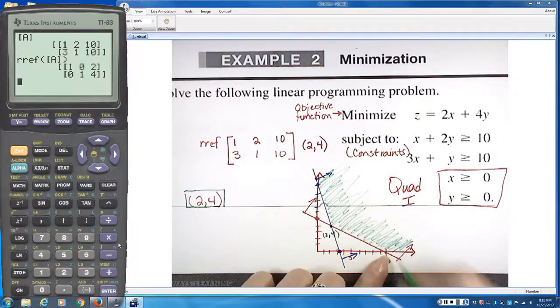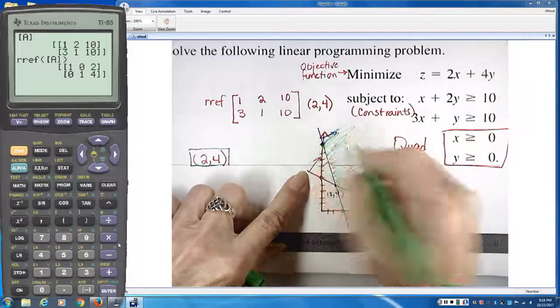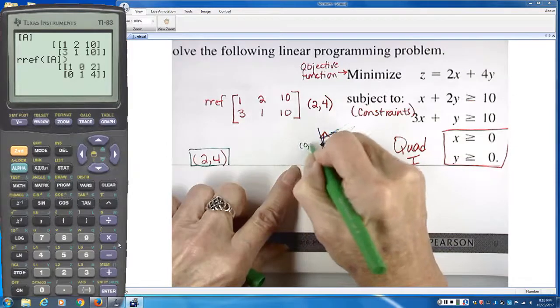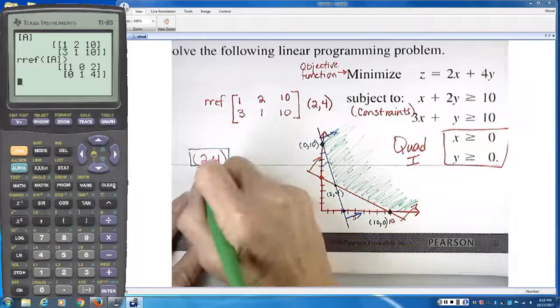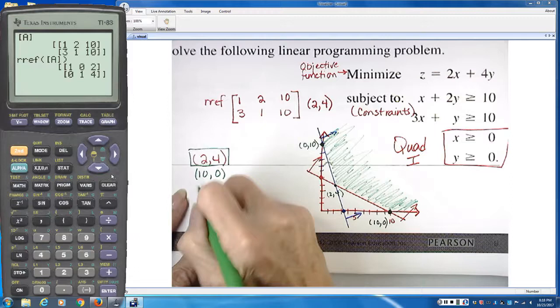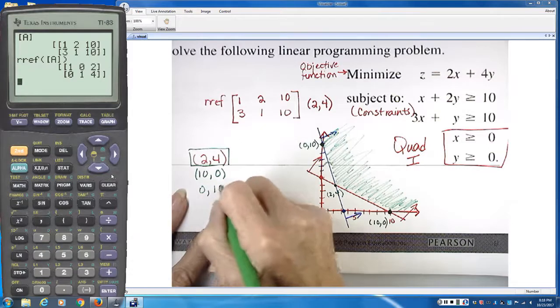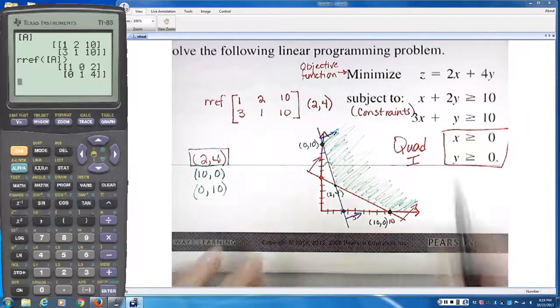So my other two corner points are (10, 0), this point right here, and (0, 10), for that point right there. So what I want to do with that is I want to go get my objective function.